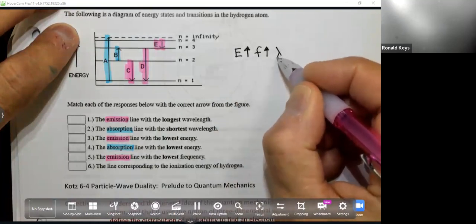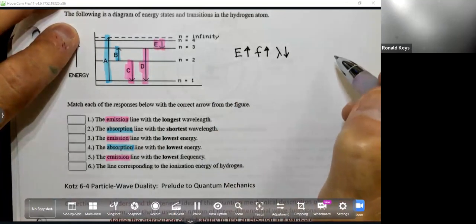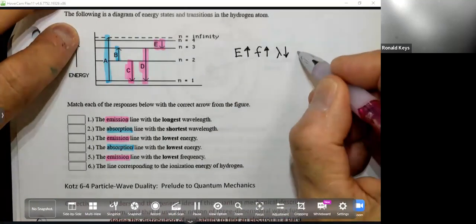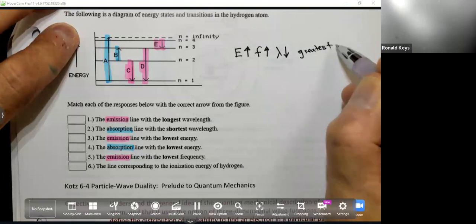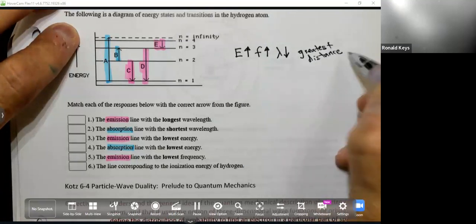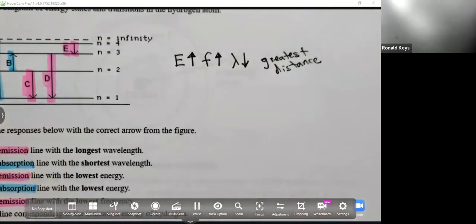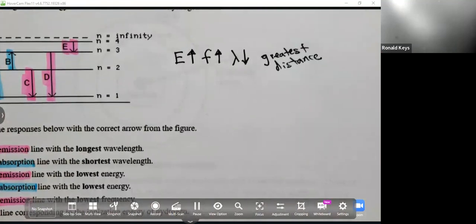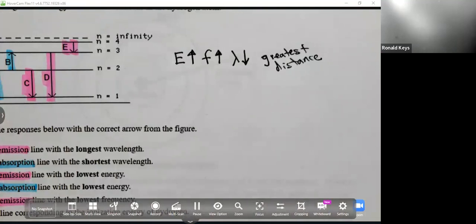The wavelength, right? This should be the greatest distance. The greatest number of levels would be more accurate, but greatest distance is not very scientific. The more levels it goes.